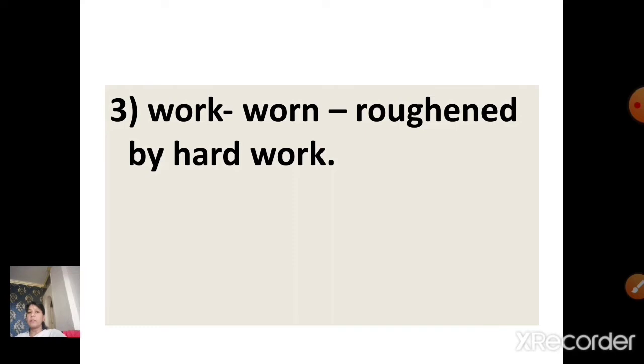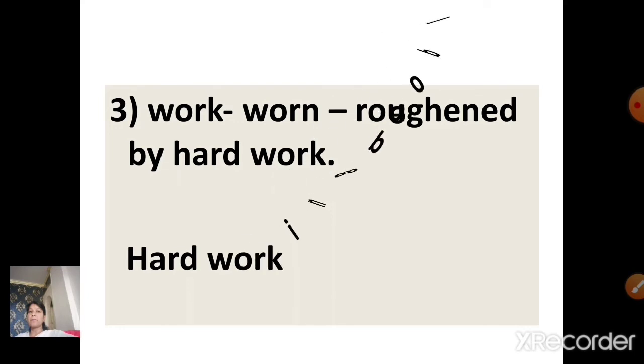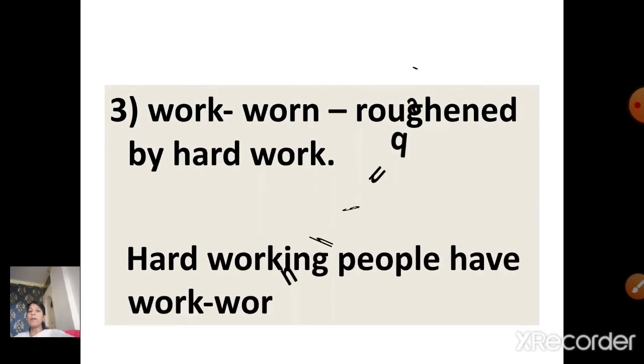W-O-R-N, worn. Work worn means roughened by hard work. Now let us use this phrase to frame a sentence. Hard-working people have work-worn hands.